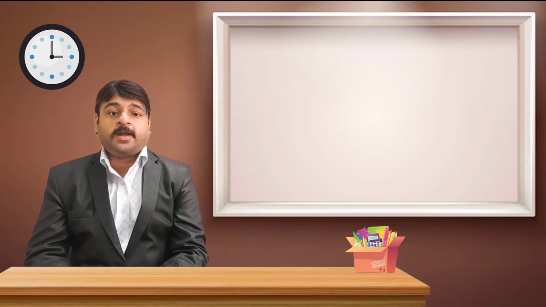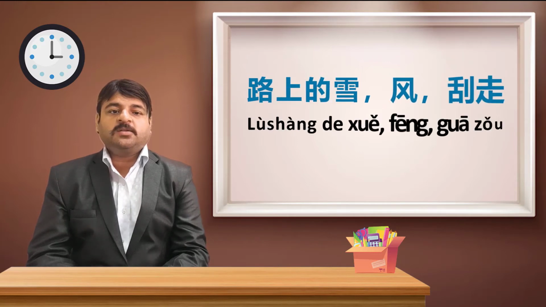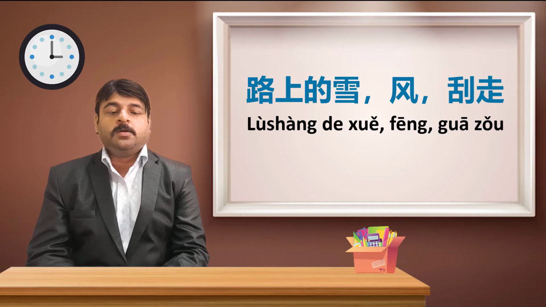Let us now look at the words in the box to make suitable replacements. Let us read out the following words. 路上的水 路上 on road, 水 snow, 风 blown, 刮走 wind, the snow on the road was blown by the wind. Replace these words and make new sentences.